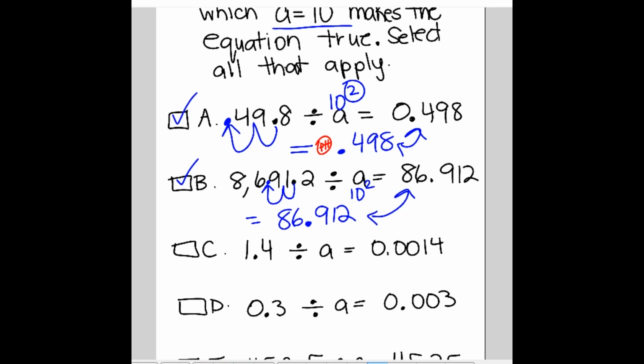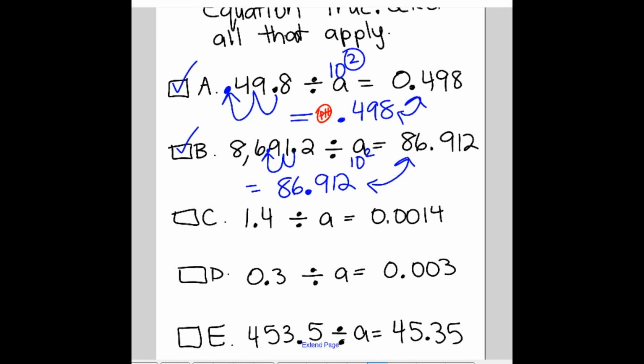Let's look at C. 1.4 divided by, handy dandy, 10 to the second power. So we need our decimal to be in between the first 2 zeros. Let's figure this one out. So if I'm starting between the 1 and the 0, let's move over to the left twice. 1, 2. Our decimal will be here.